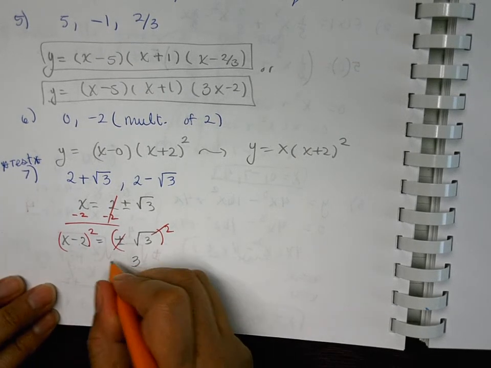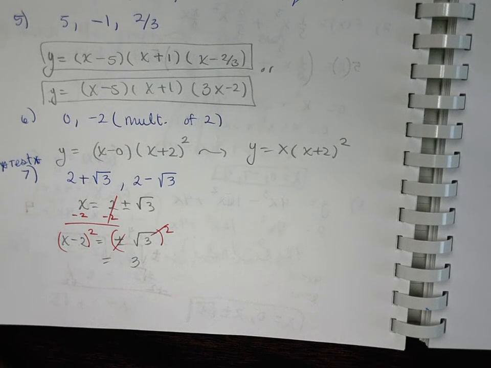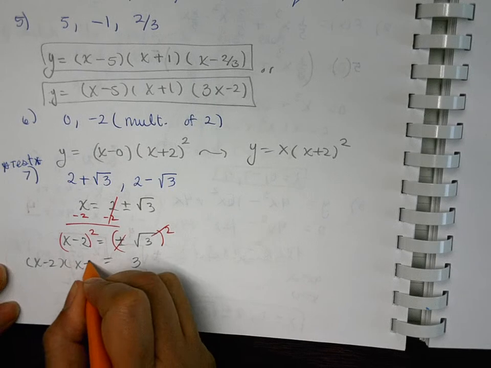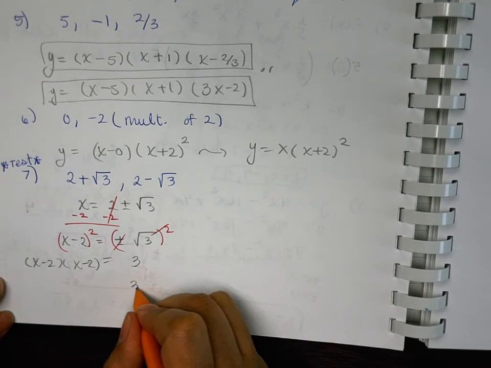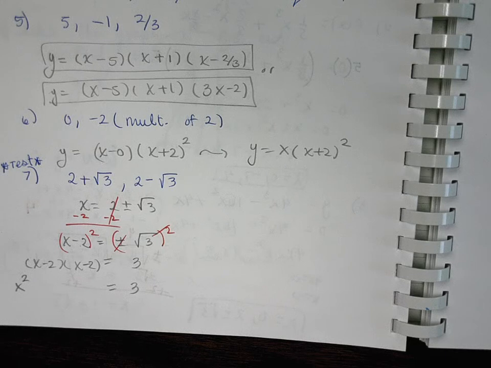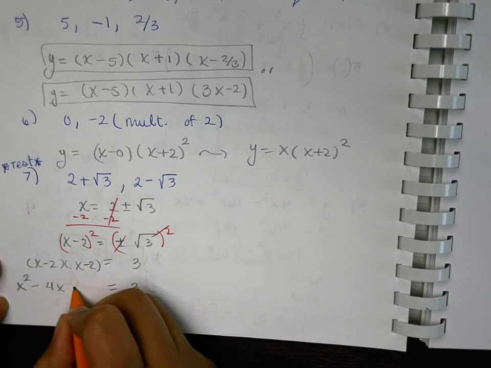Now, does this mean x squared minus 2 squared, or do I have to FOIL? FOIL. I'm going to have you guys FOIL now. X minus 2, x minus 2. Go ahead and FOIL. All right, what do you get when you FOIL? X squared minus 4x plus 4 equals 3.